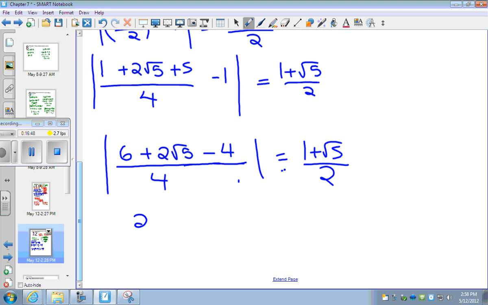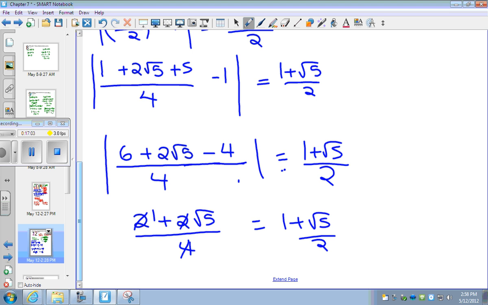So 2 plus 2 root 5 over 4. I can get rid of that absolute value sign because this is all positives that we're dealing with. Is that equal? Yeah, because I could just divide everything here by 2, and I would have the same thing. So even though it was ugly, it totally worked.